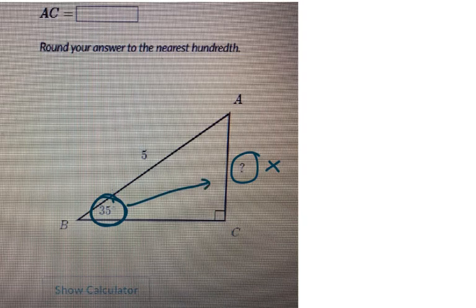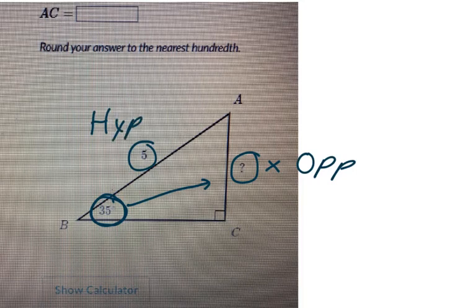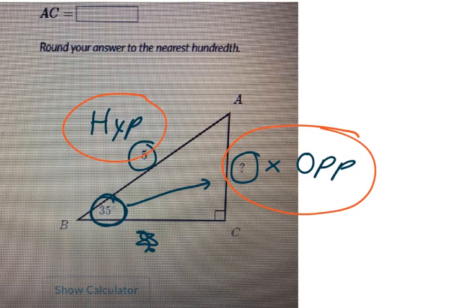Notice how the missing x is opposite of the 35 degree angle. Notice that the 5 here is the hypotenuse. Now, we don't care this time about the adjacent side, guys, because we're just trying to find the opposite, and we know the hypotenuse. So, the question is, what uses opposite hypotenuse?